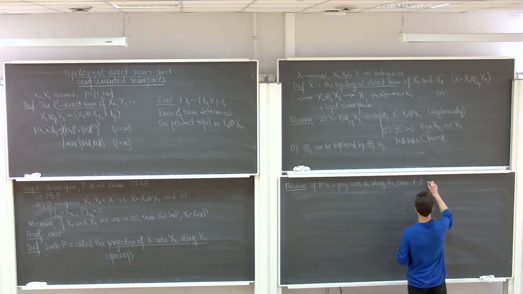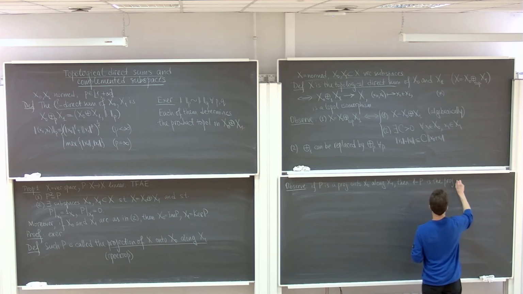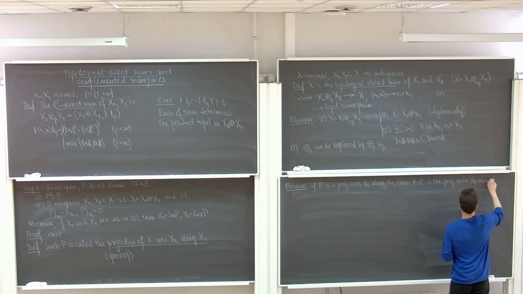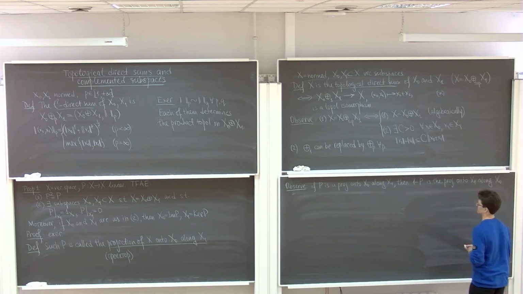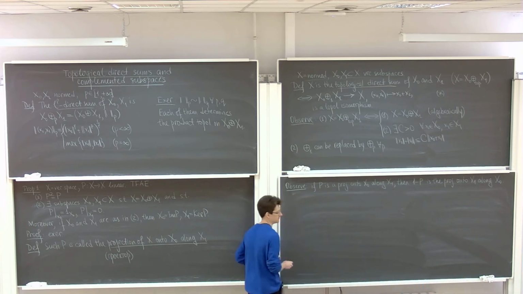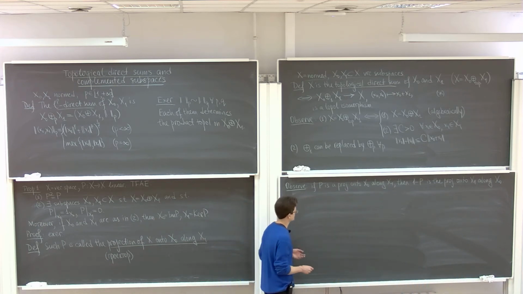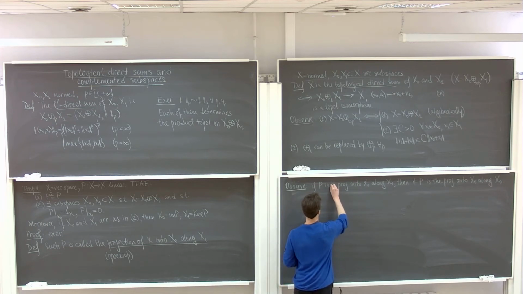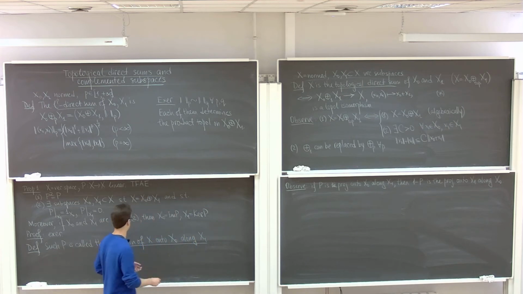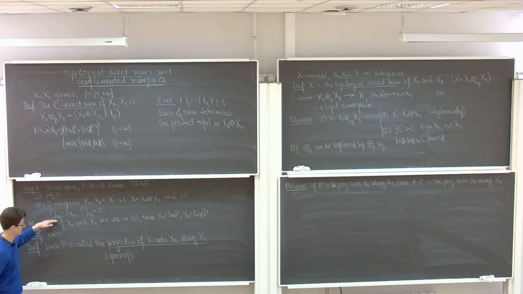More exactly, this is the projection onto x1 along x0. This is more or less immediate from the definition. The projection, of course, is unique. This easily follows from these two equalities.